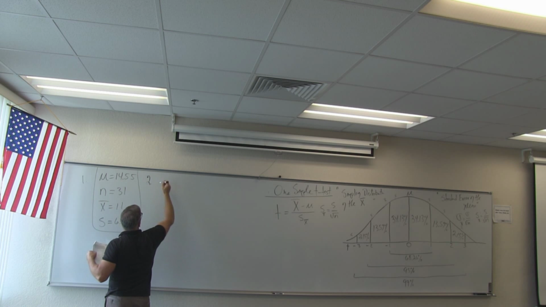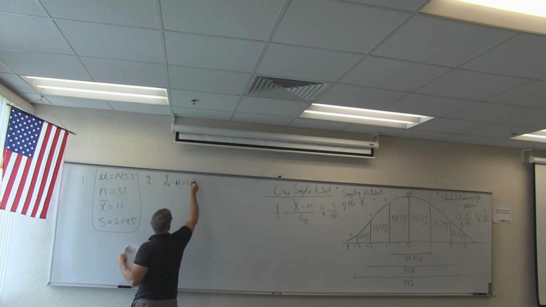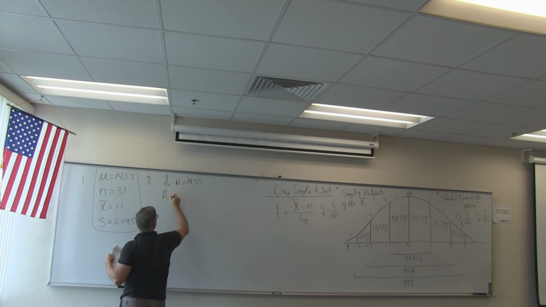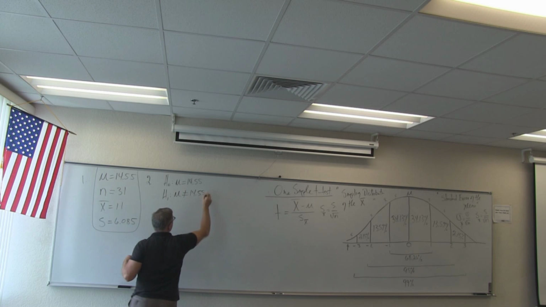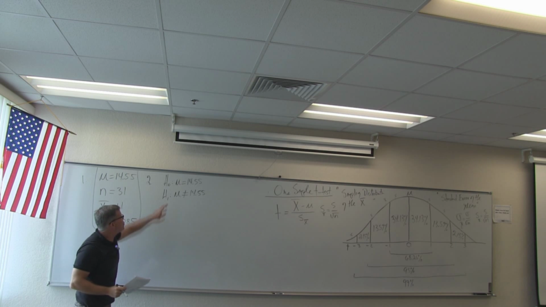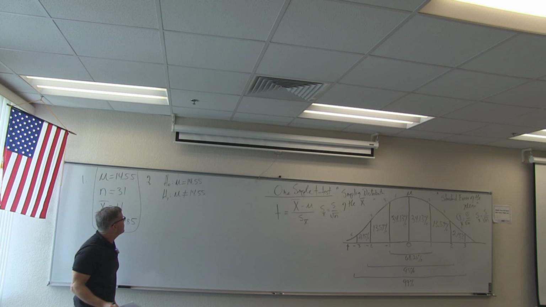We write the null hypothesis, H sub 0: mu equals 14.55. Alternative hypothesis, H sub 1: mu is not equal to 14.55. Now again, we see a classic two-tailed null and alternative situation. We only run two-tailed tests in this class.